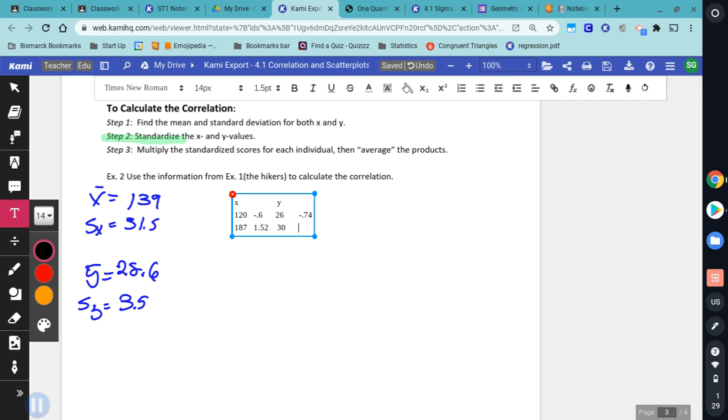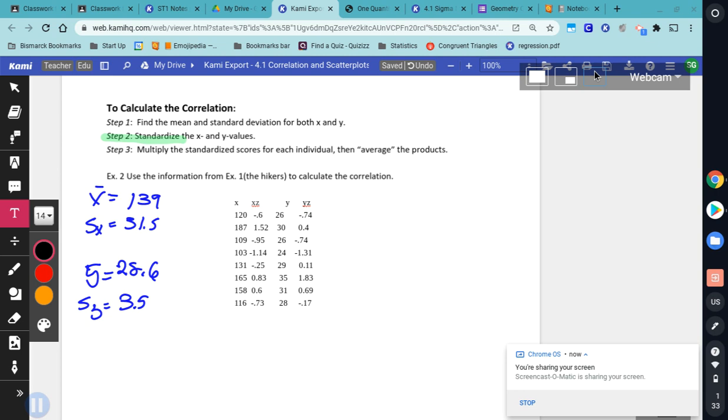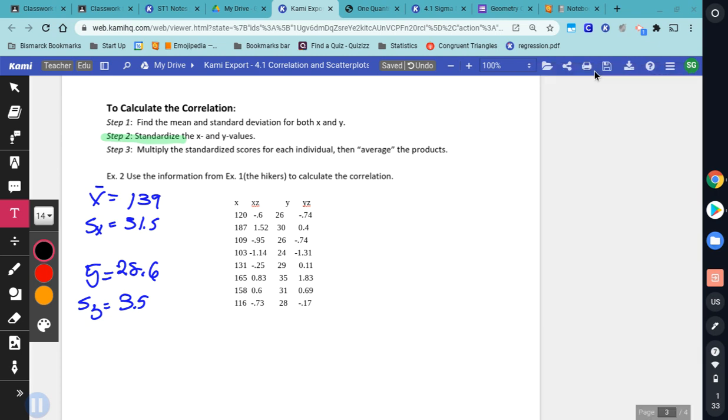And then divide that answer by 3.5. And I get 0.4. So I've got my y coordinate column. I've got my standardized x coordinate. And my standardized y coordinate, and we're just going to continue that down. Okay, so here I have the table of all these standardized scores. I've got my standardized x's and my standardized y's.